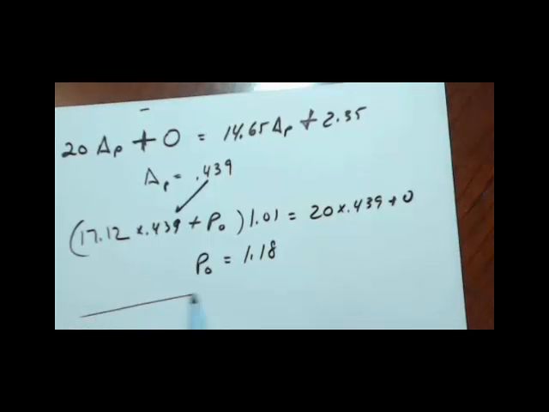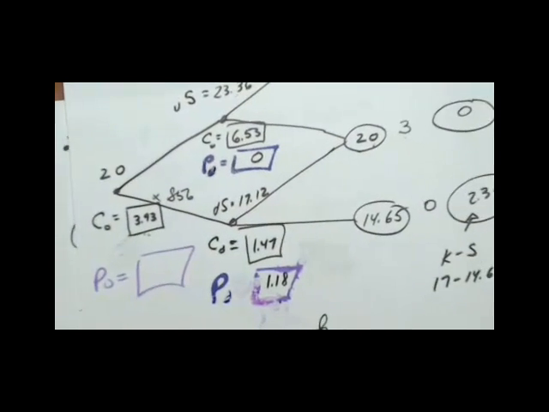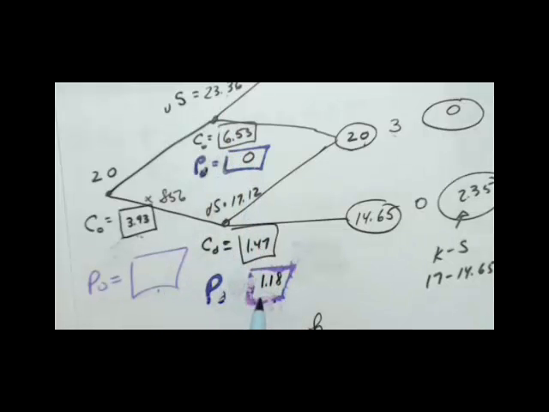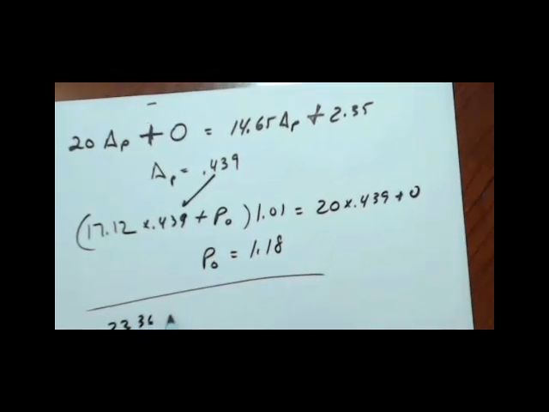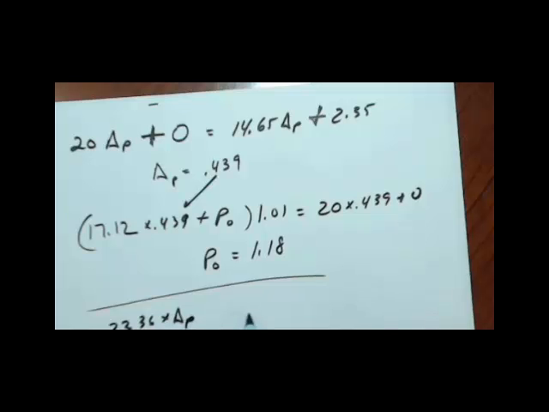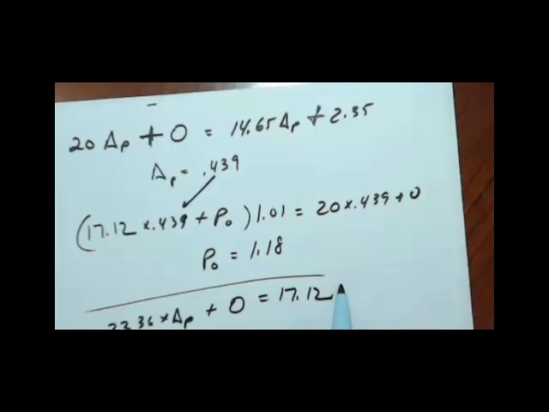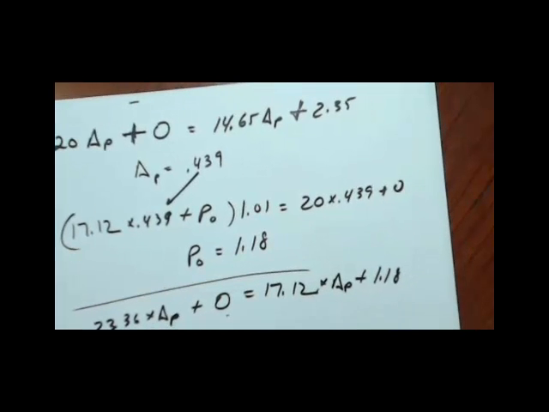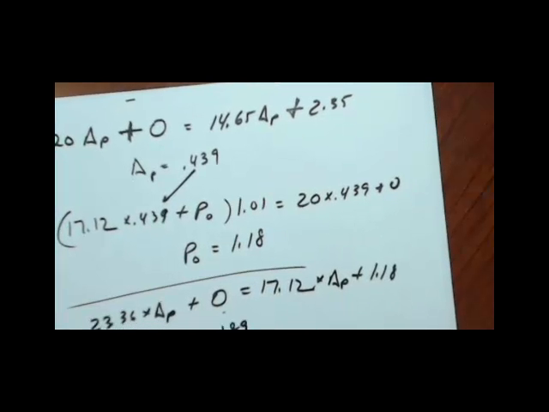Okay, now let's do one more step. I took this away a little early. I'm going to value the put here based on the put and the stock here and the put and the stock here. So 2336 times delta P. I'm doing my dynamic hedging. The delta P will be slightly different. So I'm indifferent if I go up or I go down on that second node, and so delta P equals 0.189.